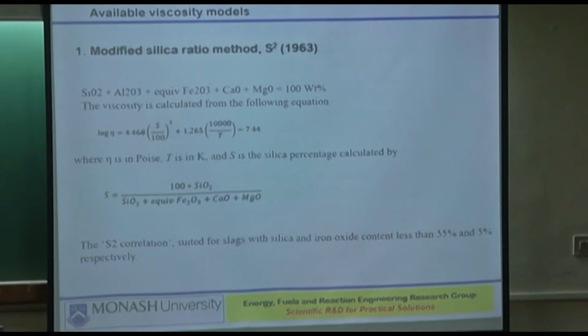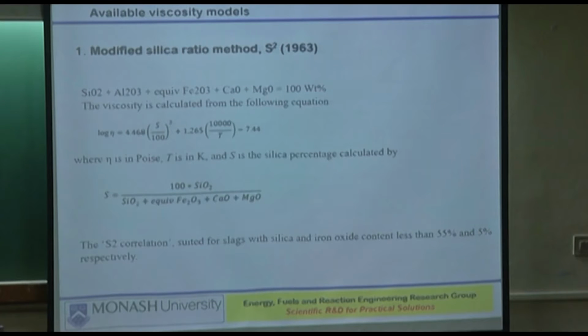next few slides. There are a number of models available. The most important ones I am highlighting here. One is called the S squared model. So what it does is, when you have the ash content, they use only silicon oxide, aluminum oxide, equivalent iron oxide, calcium oxide, and magnesium oxide, converted to 100 weight percent.